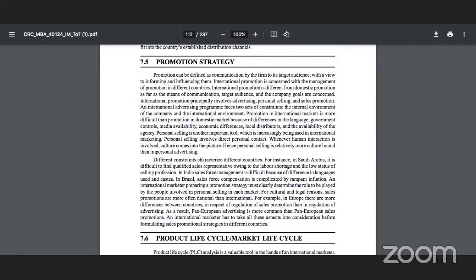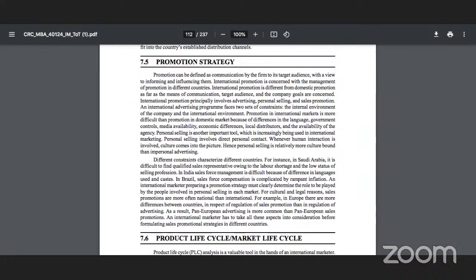So, what does international promotion involve? It involves the same factors as domestic promotion, that is, advertising, personal selling, and sales promotion. An international advertising agency faces two sets of constraints, the internal environment of the company and the international environment, so in most cases, promotion in international markets is more difficult.